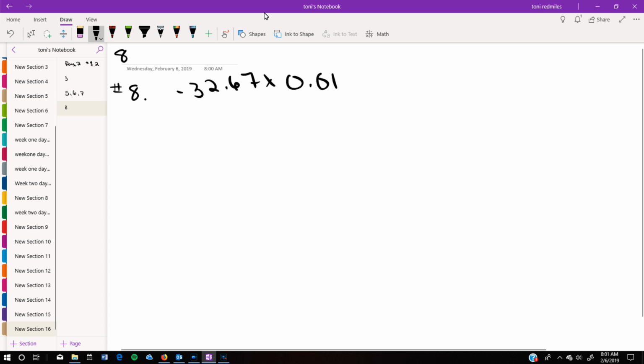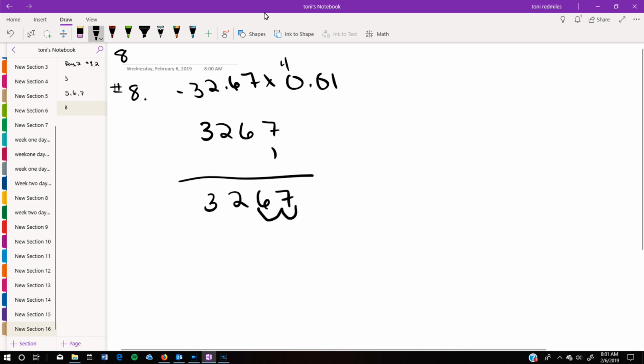All right, so I have 1, 2, 3, 4 places. So I can multiply just the numbers, okay? That's just going to be the same thing. Anything times 1 is the other number. But I know I have 4 places. So let's do that. 1, 2, 3, 4.